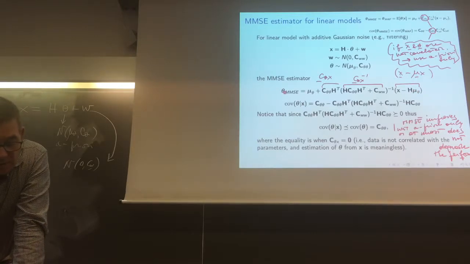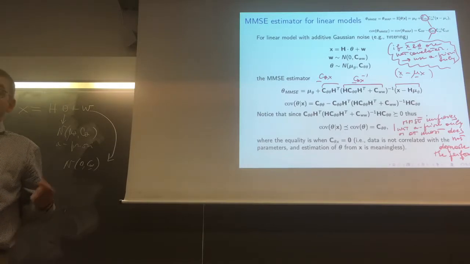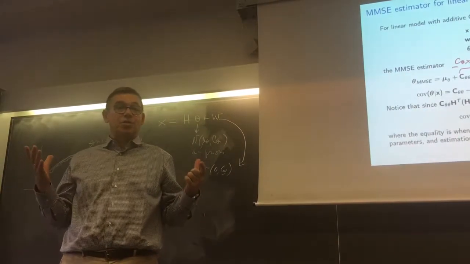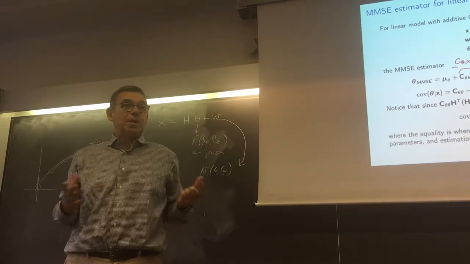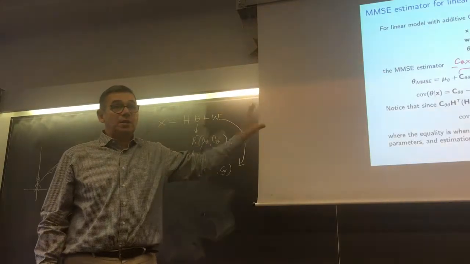And I also have a covariance, the covariance of the posteriori. The covariance of the posteriori is the covariance of the a priori minus something. In fact, my covariance of the a posteriori should be smaller than the covariance a priori. Otherwise, there is no reason to make a measurement. This is what we have seen.